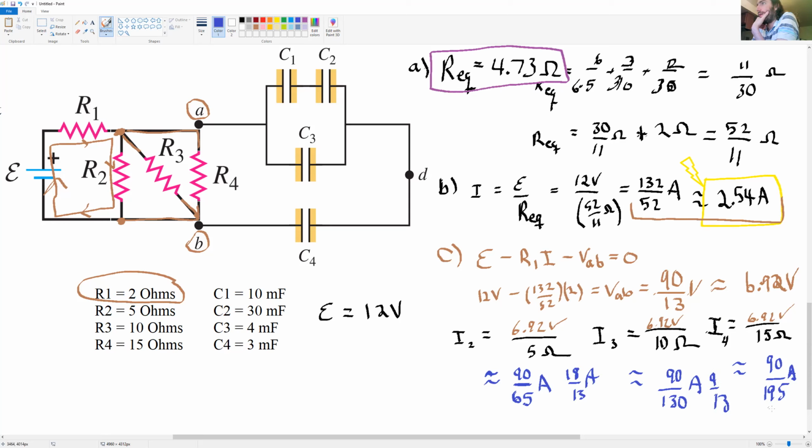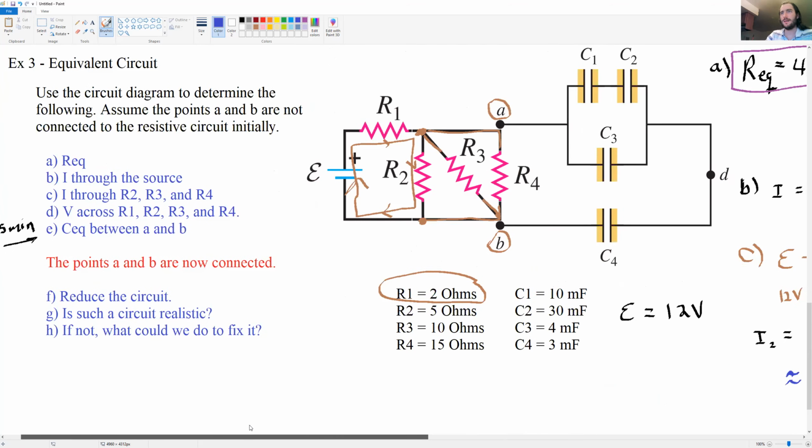And the last one there is 6 over 13. So it's a lot easier to see if your answers make sense if you have the exact answers, because then you can apply Kirchhoff's current law and make sure that that holds. If it doesn't hold, then you made a mistake somewhere. All right, so there you go. There's our answers for part C.